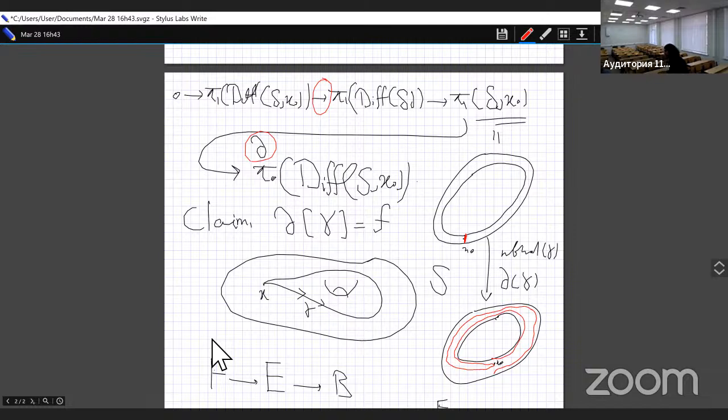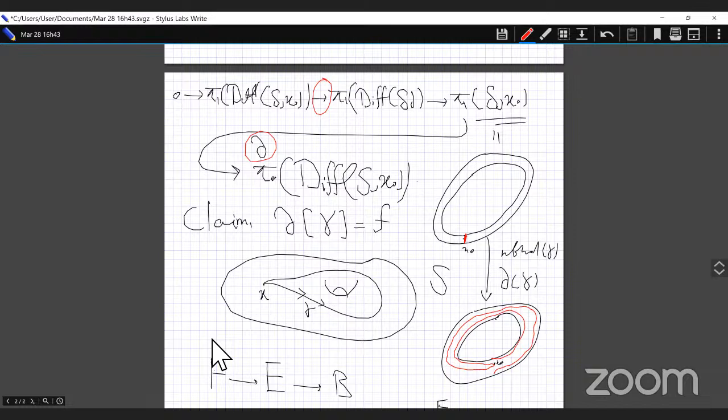So delta is surjective. It's probably not injective. It must be injective. How can you say that? If delta were injective, then I'm going to prove this. Hold on.